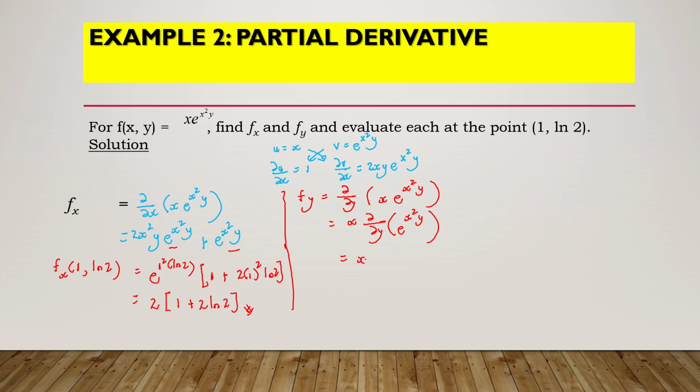So you have x, differentiating with respect to y, 2xy. Sorry, the derivative is x squared. Wrongly differentiated.